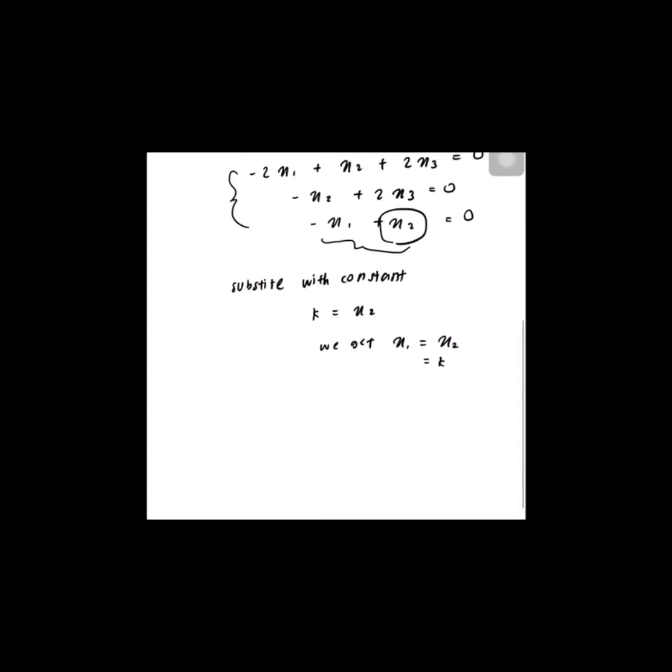Also from these equations, we have to find x3. We also have to substitute k into another equation that has x2. Like we take this new equation to find x3 with the substitution of x2, which is 2x3 equal to x2, so x3 equals 1 over 2 x2, and we substitute it with k, hence it will be 1 over 2 k.